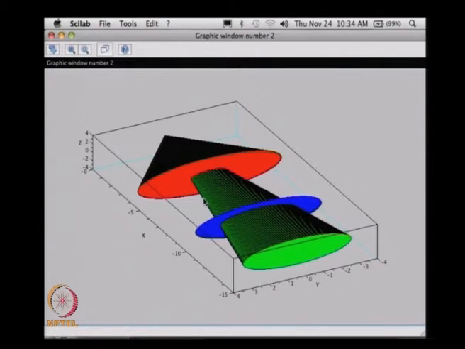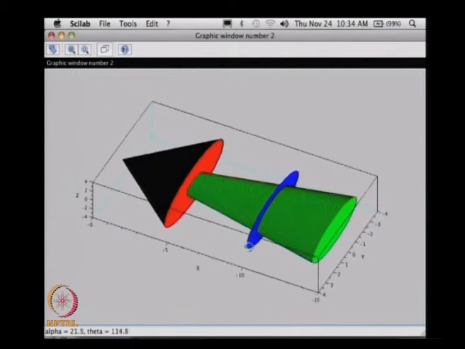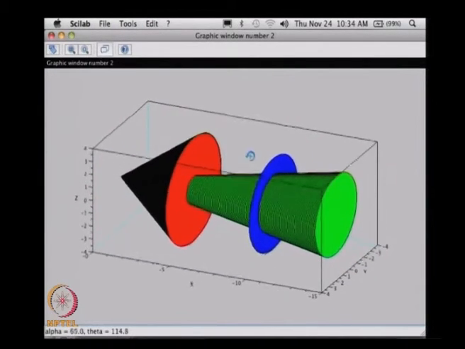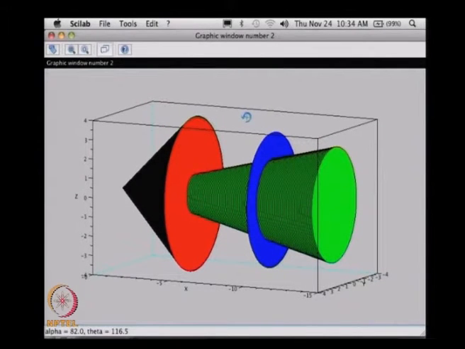So we essentially have three parallel circles. Let's look at it here. We have green, this blue, and this red.